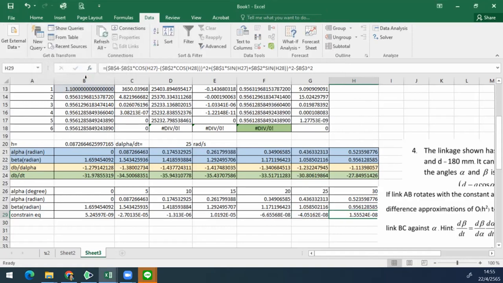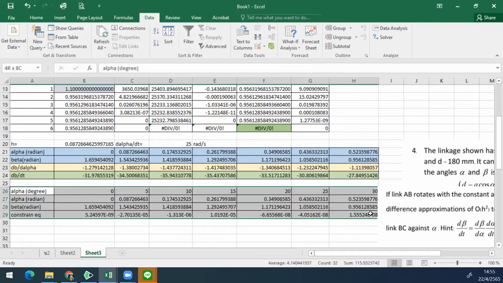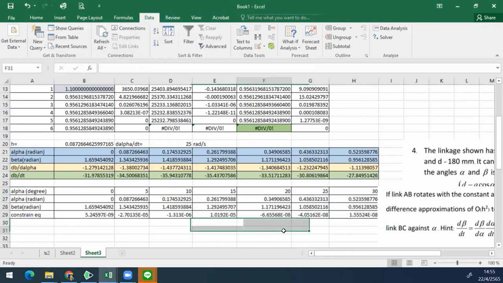In this case, we may use Goal Seek to create the table of beta also. That is maybe something like this. And you're right for this problem. That is the end of our class activity today.